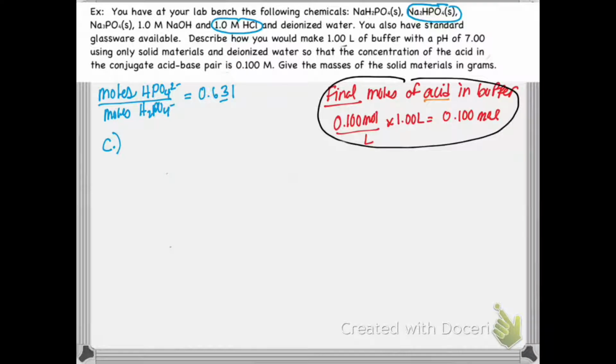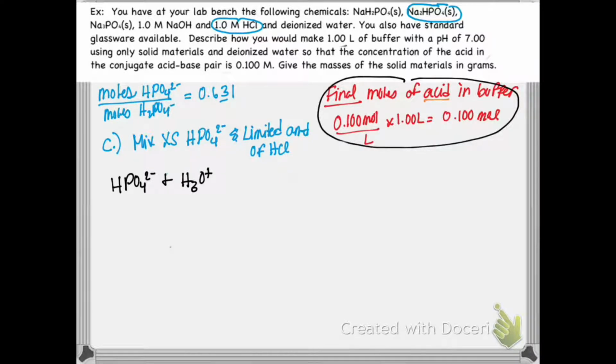So we mix an excess amount of the base component, the Na2HPO4, which gives us our HPO4 2-, and a limited amount of the strong acid, the HCl. Just like the last prep, we have a reaction occurring. Here our HPO4 2- is reacting with the H3O+ from our strong acid, and it is creating the H2PO4- and water.